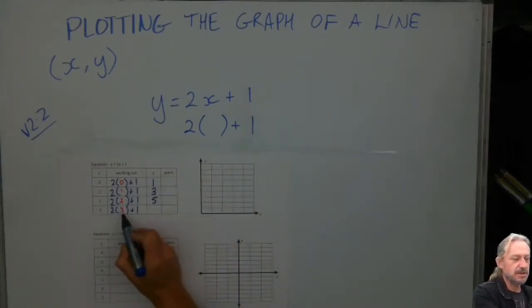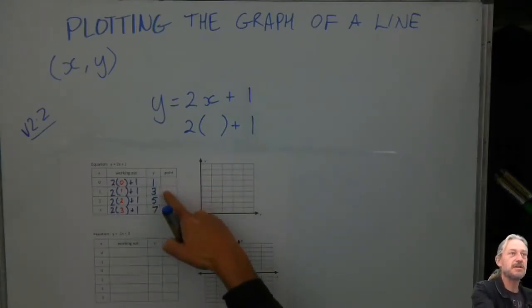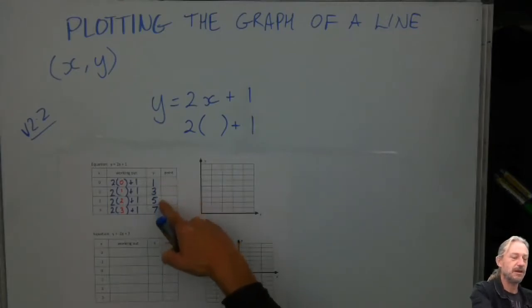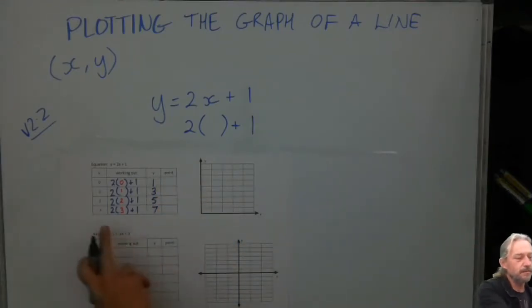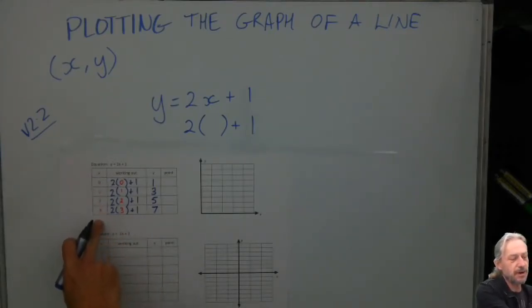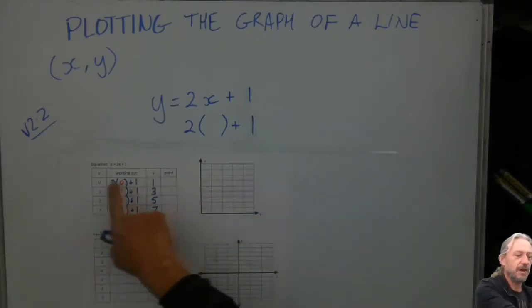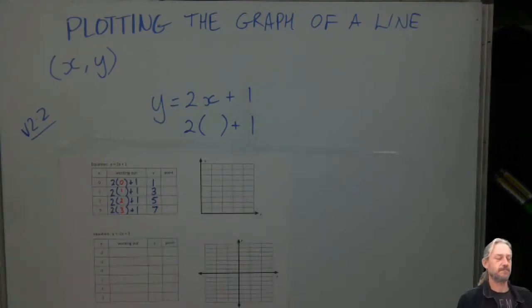And 2 times 3 is 6, plus 1 is 7. So I hope you notice that there's a bit of a pattern forming. These are all the odd numbers. So we've substituted in 0, 1, 2, 3, and our equation has given us 1, 3, 5, 7.